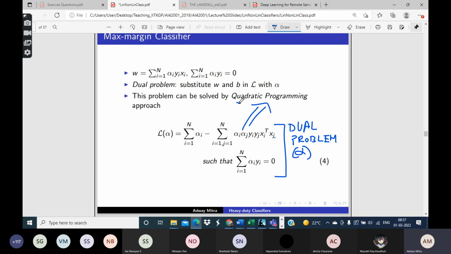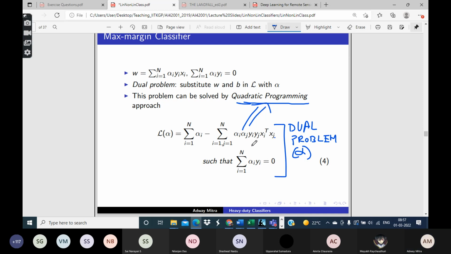As you can see, this is basically a quadratic expression, that is, you have alphas multiplying with each other, and along with it these constants are there. I mean yi, yj, xi, xj, these are all constants. So this is called quadratic programming.